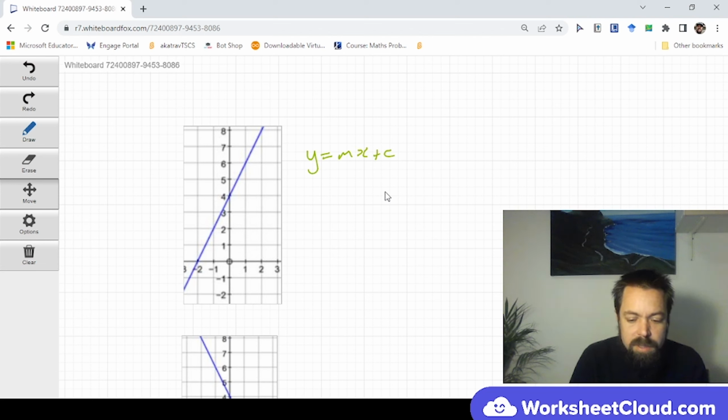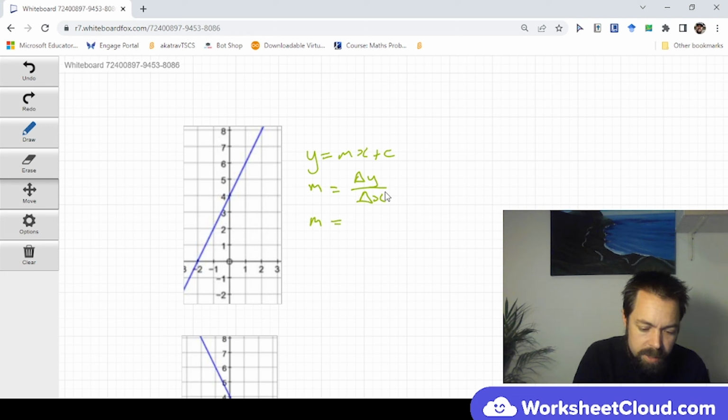Okay, let's start with our gradient. M, the gradient, is equal to change in y over change in x. Doesn't matter which way around we go. I'm going to work from left to right because that's how I prefer to work. It doesn't make a difference. So m equals the change in y. I'm working from the point where y is equal to 0.